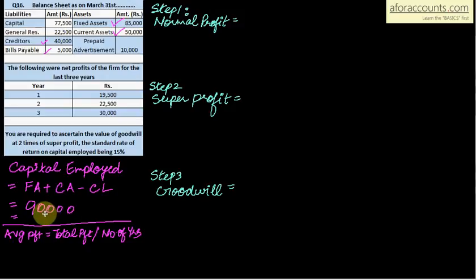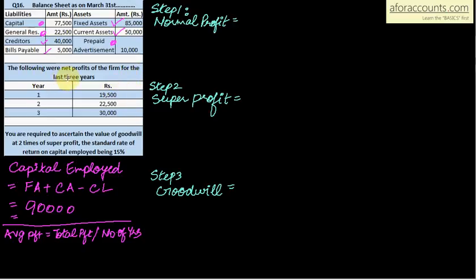The other way of finding capital employed is capital plus reserves, here general reserve, minus prepaid expenses. So 77,500 plus 22,500 minus 10,000 is also 90,000. So either way you can find out the capital employed.